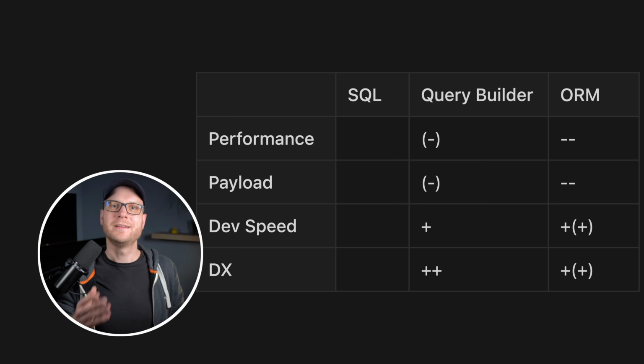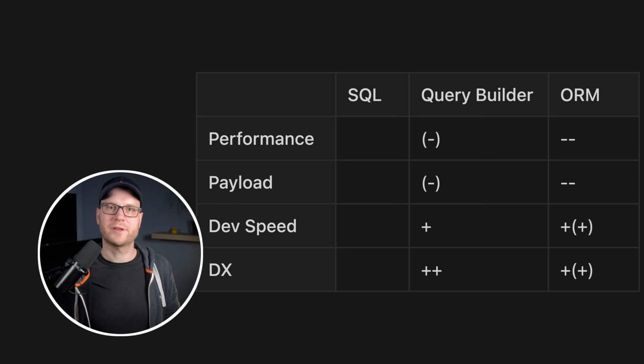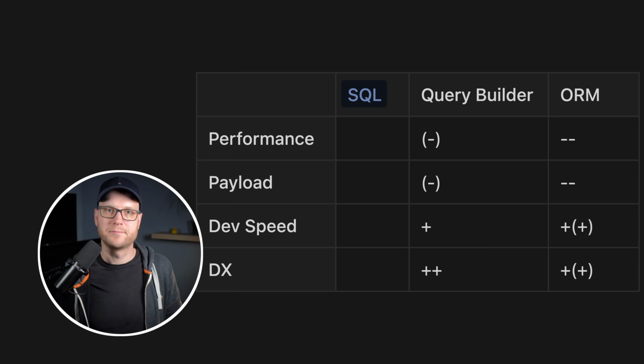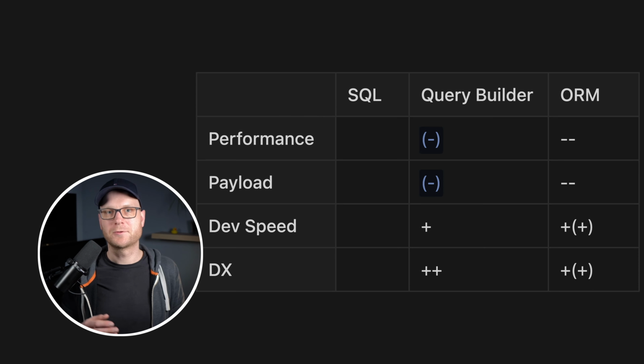As a summary, here's a table of the strengths and weaknesses of the three querying approaches we just discussed. SQL is our baseline, so we don't see any entries here. The TypeScript query builders of today will have a little payload and performance impact.